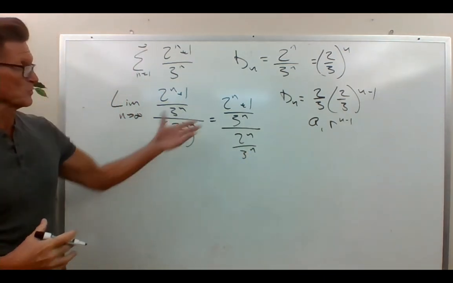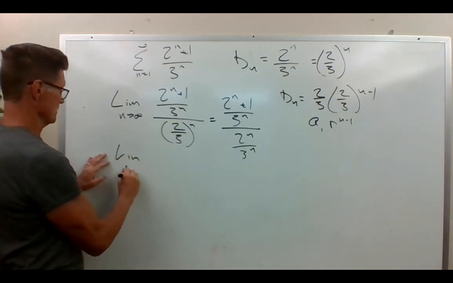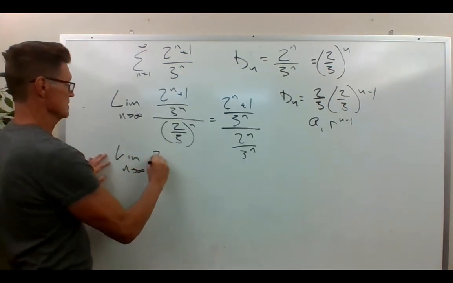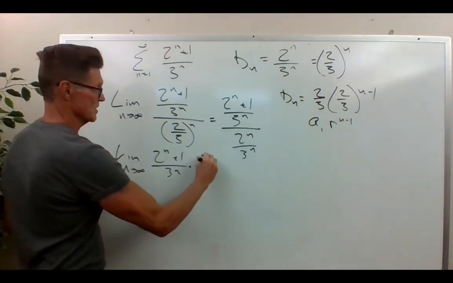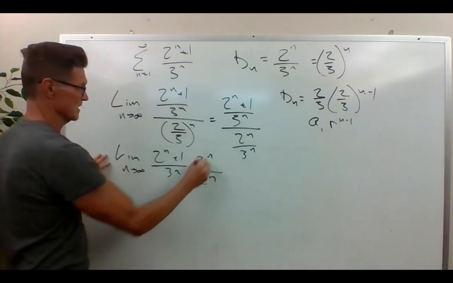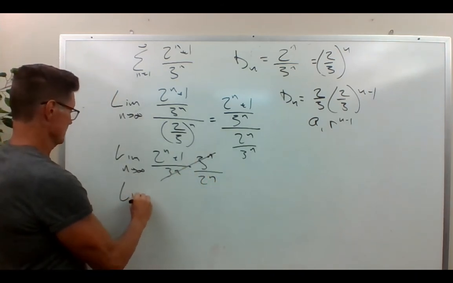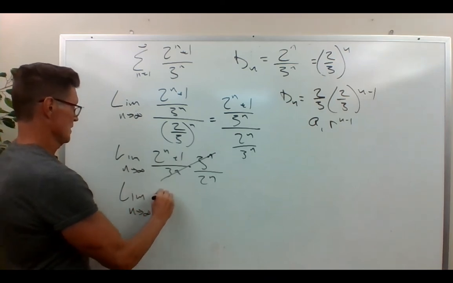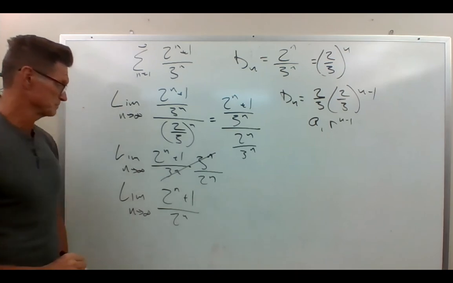And then multiplying the numerator by the reciprocal of the denominator, the limit as n approaches infinity of 2 to the n plus 1 over 3 to the n times 3 to the n over 2 to the n. The 3 to the n's cross out. And we have 2 to the n plus 1 over 2 to the n.